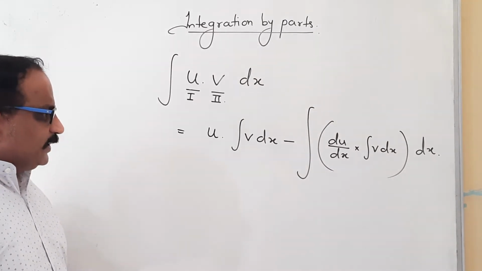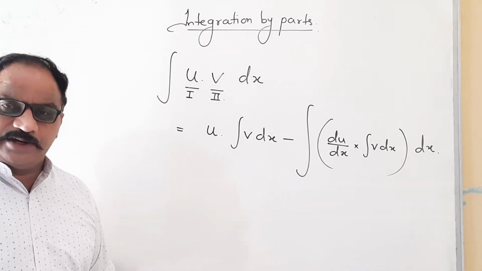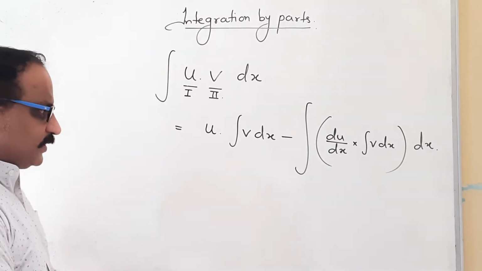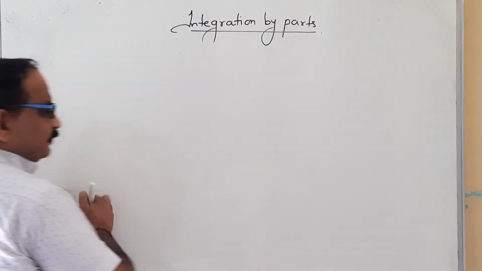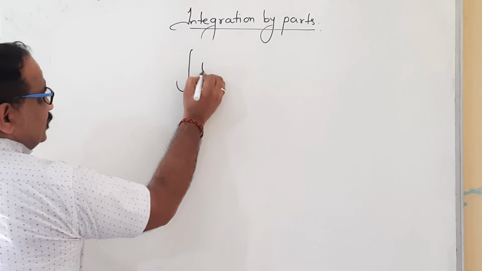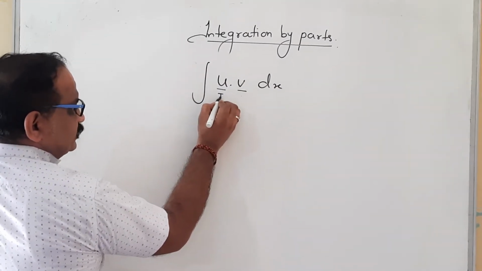Now the important thing is which function should be supposed first and which function should be supposed second. For that we have certain rules, so we have to follow them. For the integration u into v dx, which one is first, which one is second?